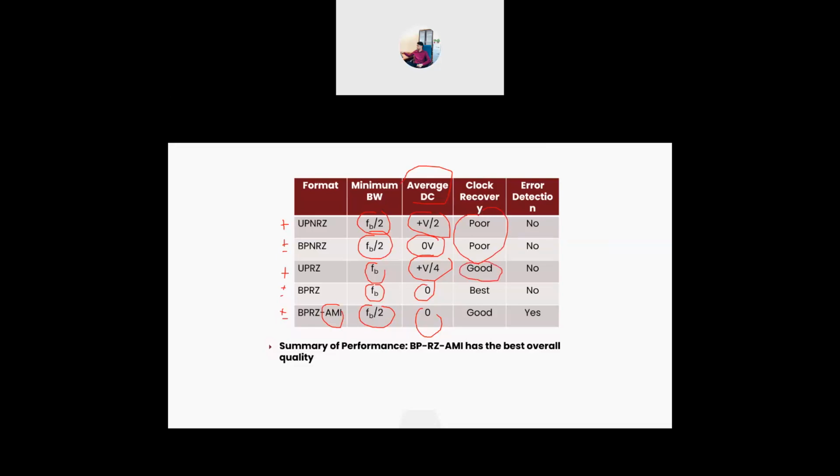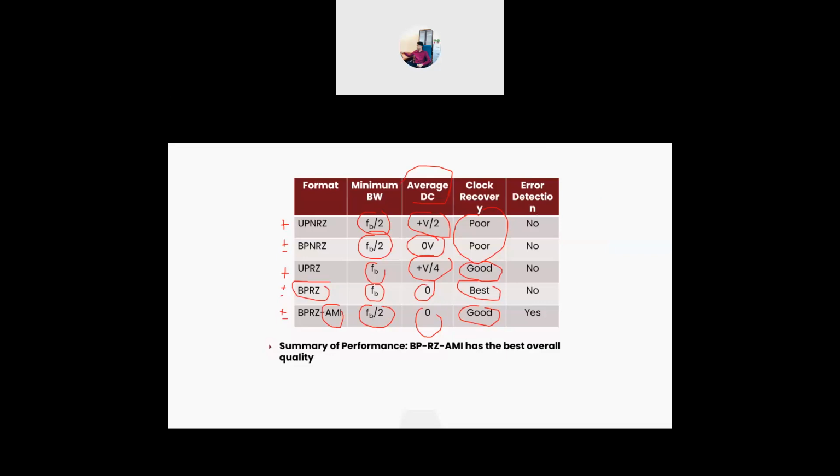BPRZ has the best clock recovery, and BPRZ AMI has good recovery. In terms of clock recovery, BPRZ gives the best one, so bipolar return to zero.